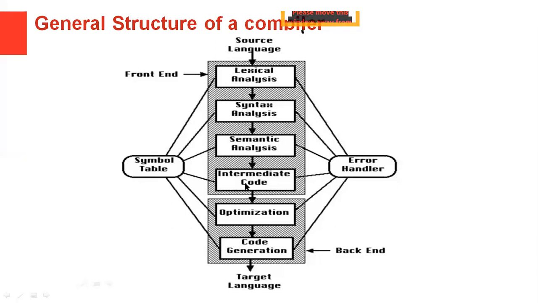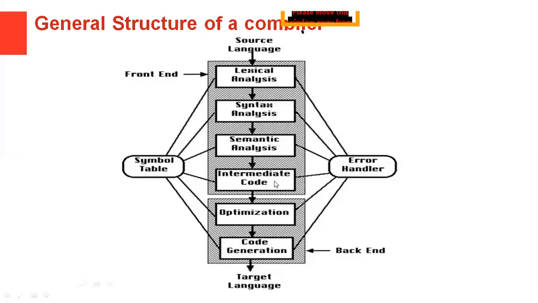Okay. So the output of semantic analysis is given to the intermediate code generation. Intermediate code generation means that for a given syntax tree or parse tree, we generate intermediate code. The best example for intermediate code generation is three address code.